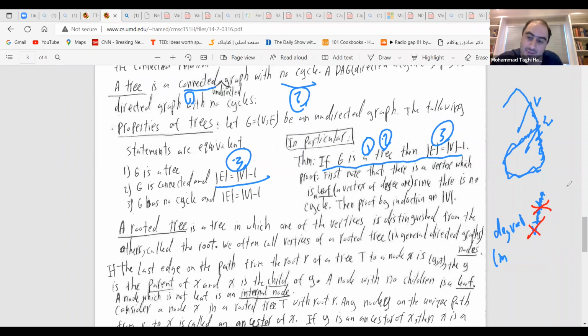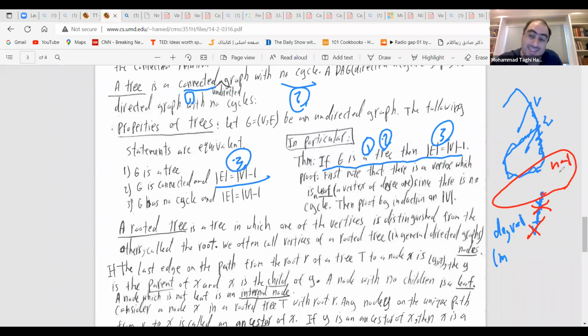Now the rest of the graph has n-1 vertices, and it is a tree. Why? Because there is no cycle. I didn't add any cycle. And this vertex is only connected to this guy, so the rest of the graph should be connected to each other, because it was a connected graph before. So we have a tree of n-1 vertices.